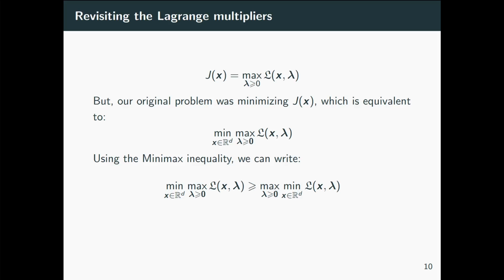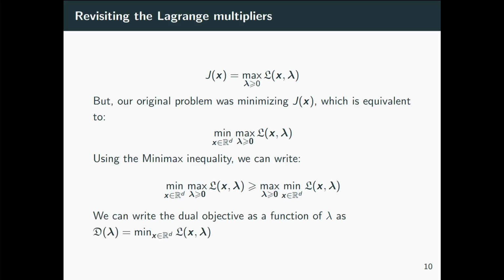So in the max min formulation, you first do the minimization over x, and then what you get is a function only of lambda, and then you can maximize it over lambda. So that's essentially what I'm going to do now: I'll write the dual objective function.